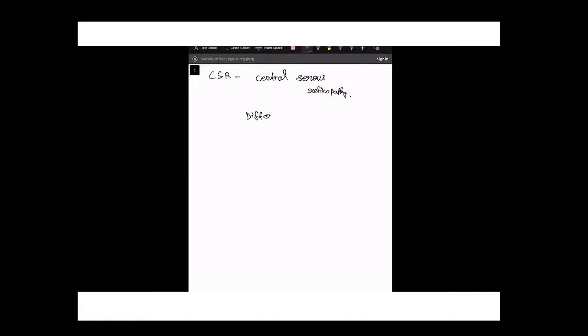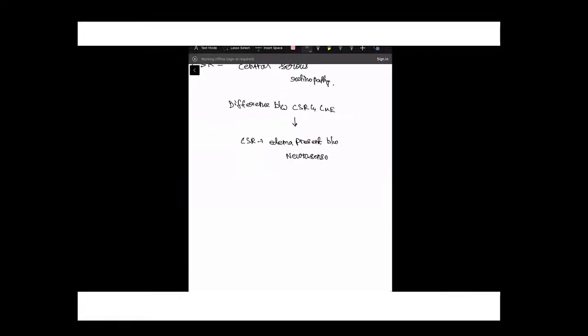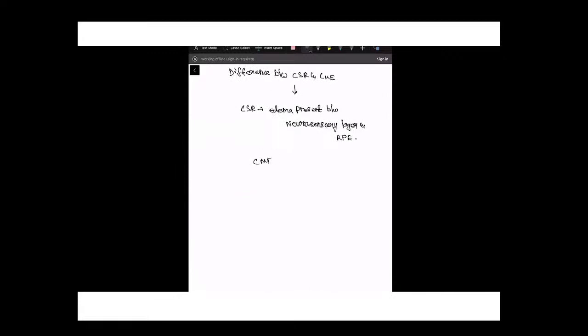The difference between CSR and CME: in CSR, the edema is present between the neurosensory layer of the retina and the retinal pigment epithelium, whereas in CME, the edema is present in the outer plexiform layer of the retina.